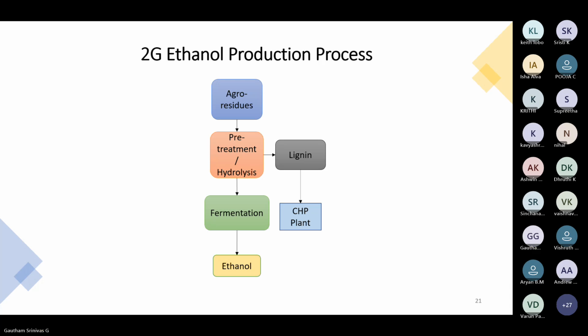Okay. And the remaining cellulose and hemicellulose, first it has to go through hydrolysis. Okay, where decrystallization of the cellulose and hemicellulose happens, and then the monomers are released, the sugars are released, leads to fermentation, and fermentation leads to ethanol.